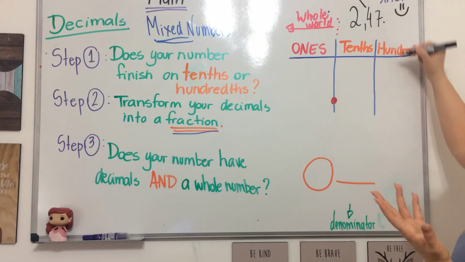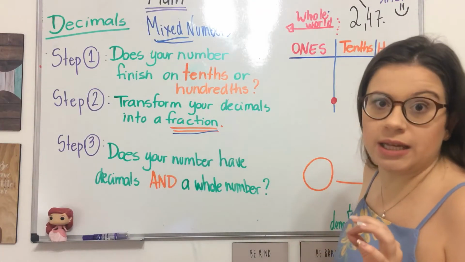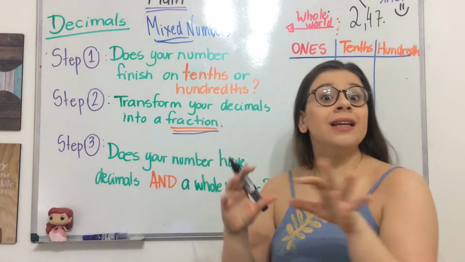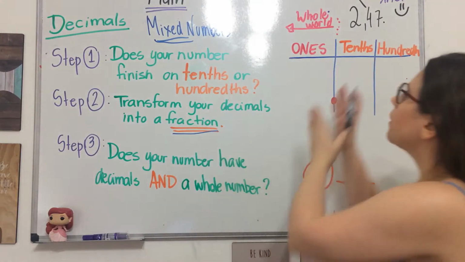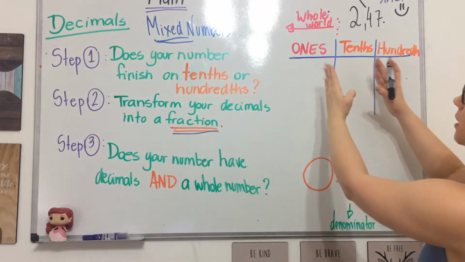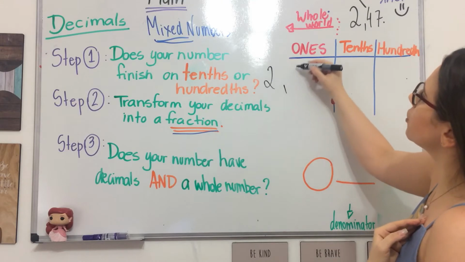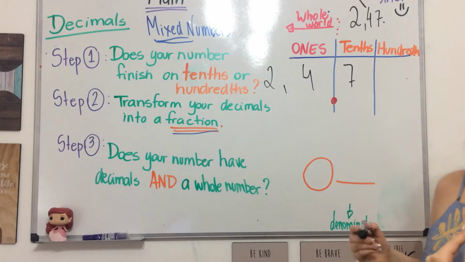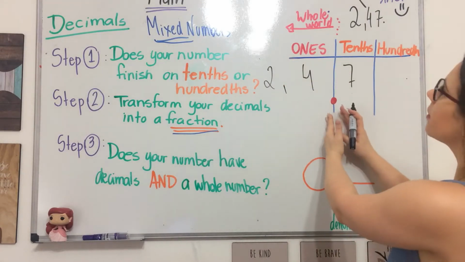We put our number in the place value, and you have to remember this all the time. Nothing, not even the apocalypse, is going to change the comma there. So the comma in the place value is between the ones and the tenths. So you can't put your number here. You just can't, because the gate for the whole world is here.